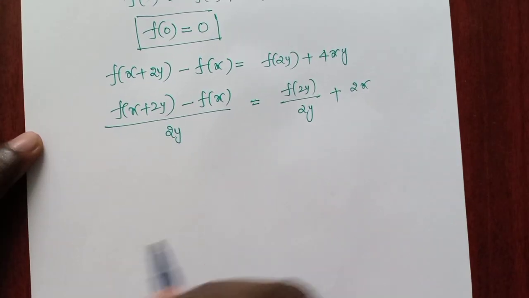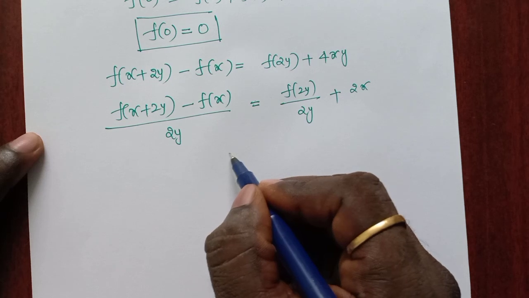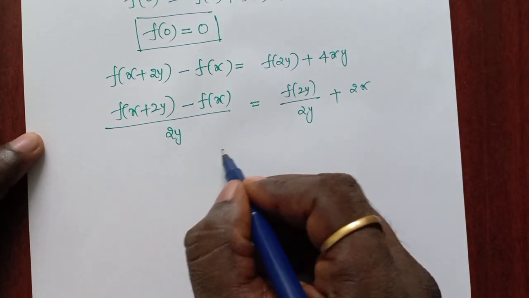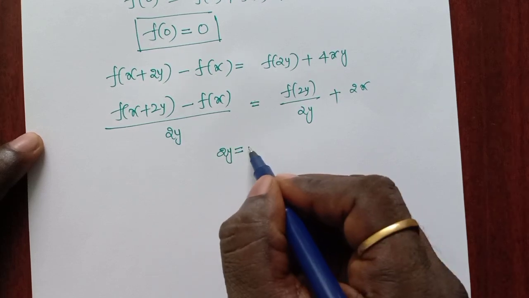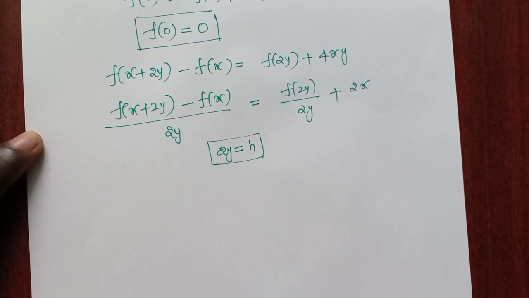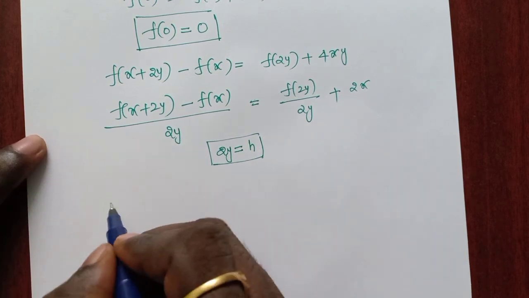Now suppose 2y equals h. Consider 2y equal to h. Now taking the limit on both sides, see what happens.